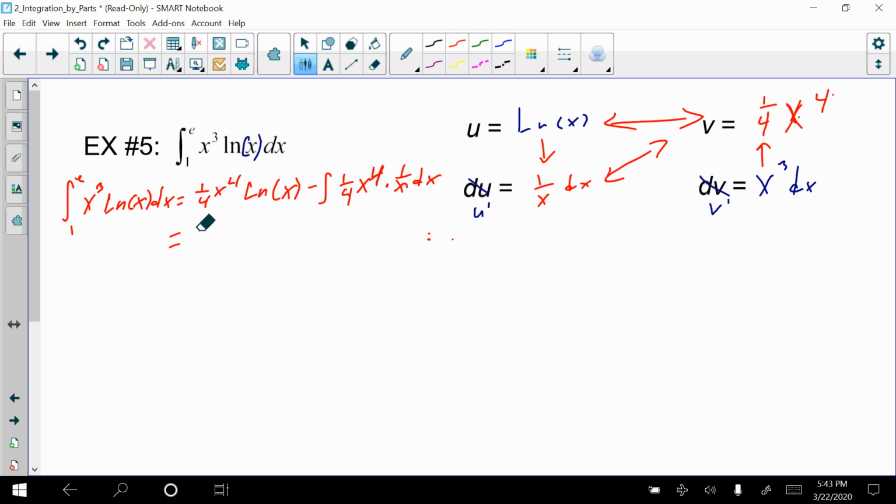So here we have 1/4 x to the 4th times the natural log of x. And here, the 1 over x and the x to the 4th will simplify to be 1/4 x cubed dx.